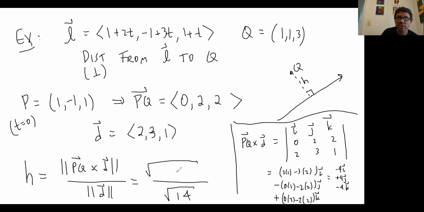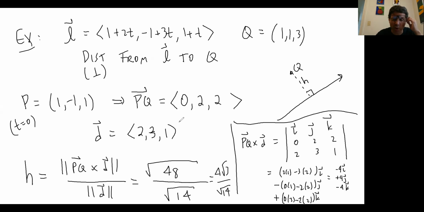So 16 plus 16 plus 16, 48. We'll get the square root of 48 over the square root of 14. And I suppose if you wanted to clean it up, there's really not much you can do other than to factor out a 16, take the square root and get 4 root 3 over root 14. Not very pretty, but it's around 1.8-ish.